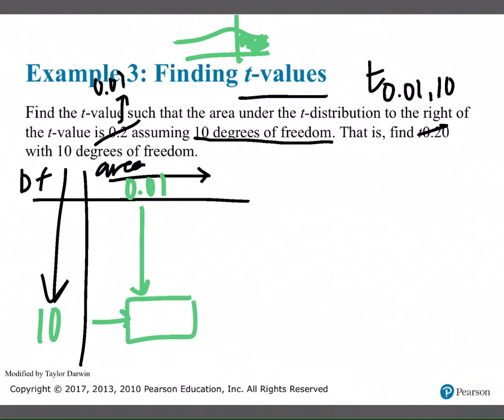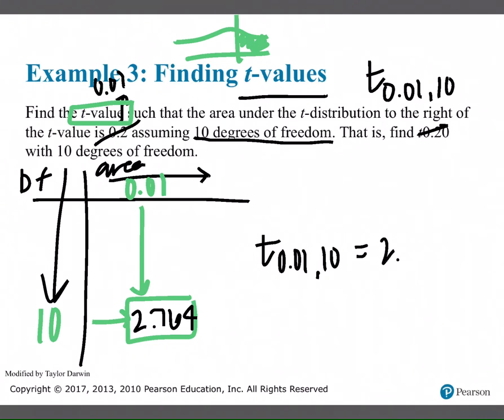And where they meet is that critical value, the t value, that we're trying to find. And let's see, 0.01 and 10, that should be 2.764. And that's your t value. So the t value to the right of 0.01 with a degrees of freedom of 10 is 2.764.